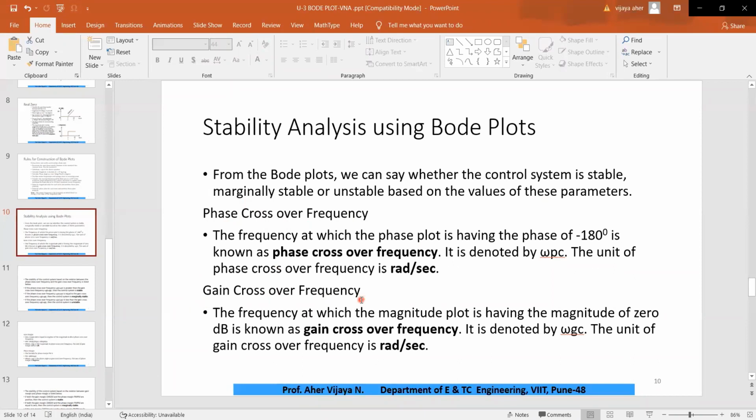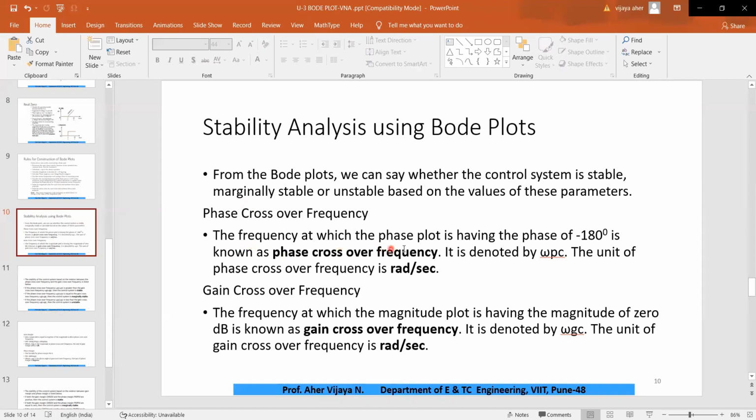As you have drawn magnitude plot, you have drawn phase plot. From that, you will get this parameter. Okay, phase crossover frequency. So what is this frequency? The frequency at which the phase plot is having the phase of minus 180 degree is known as phase crossover frequency. Okay, so remember this point.